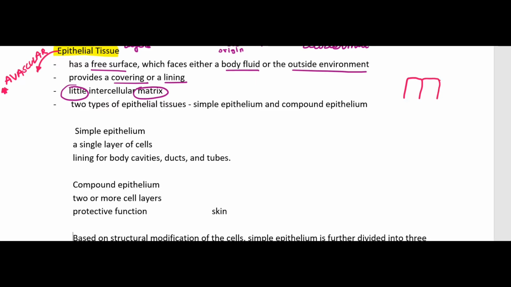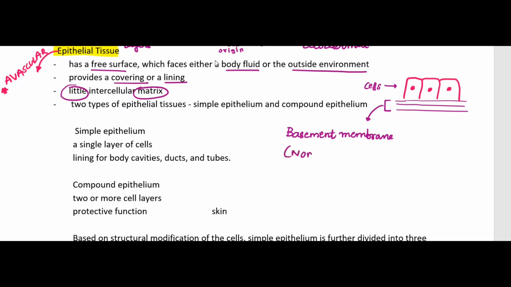So I am drawing here a group of cells which are tightly packed with less intercellular matrix, and these cells are lying on a membrane known as the basement membrane. So there is a layer of cells and there's a layer of basement membrane which is a non-cellular layer. This again has two layers in it, one the basal lamina and the other the reticular lamina.